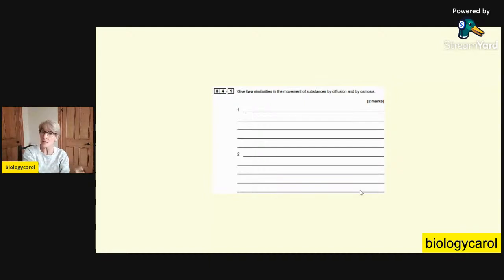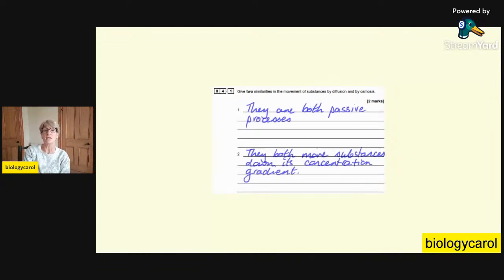Osmosis is the diffusion of water, from a higher water concentration to a lower water concentration. The correct term is higher water potential to lower water potential. And the other thing is that both of these are passive.